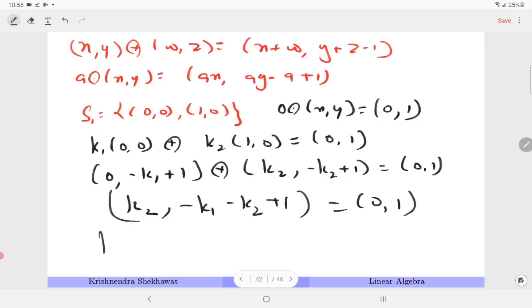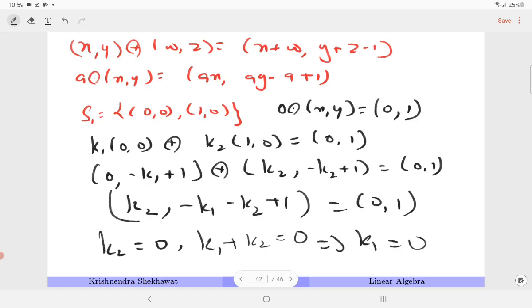If you compare the coefficients, k2 comes out to be 0 and k1 plus k2 comes out to be 0, but k2 is 0, which gives k1 is equal to 0. So you start with the vector equation and get k1 is equal to 0, k2 is equal to 0, which implies that the set is linearly independent.